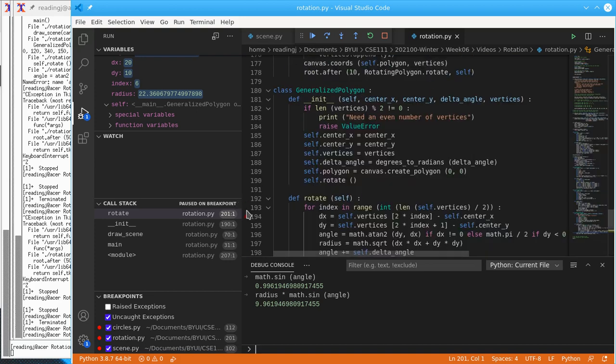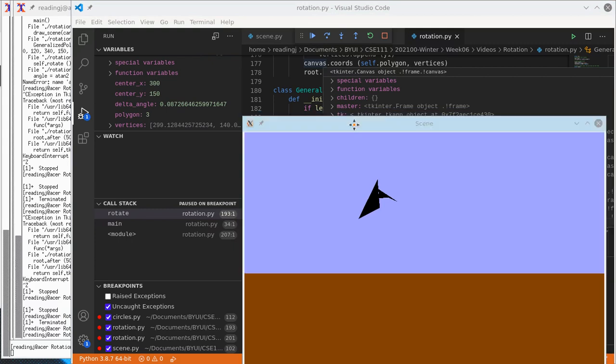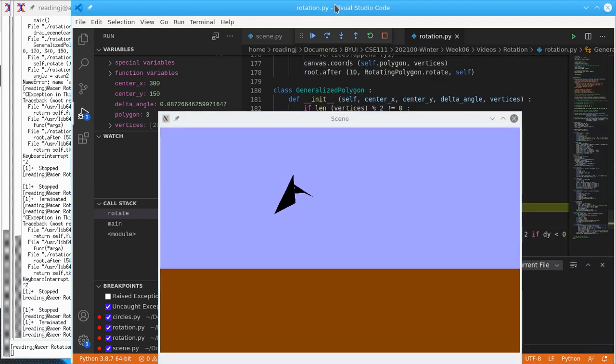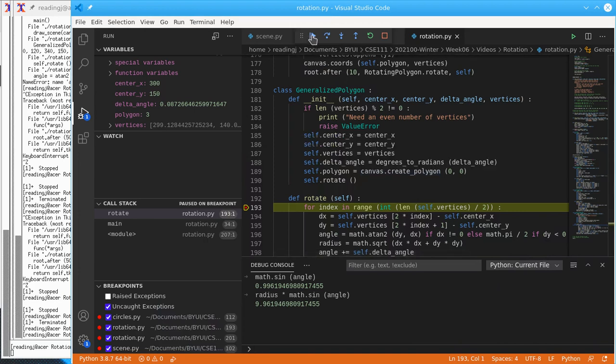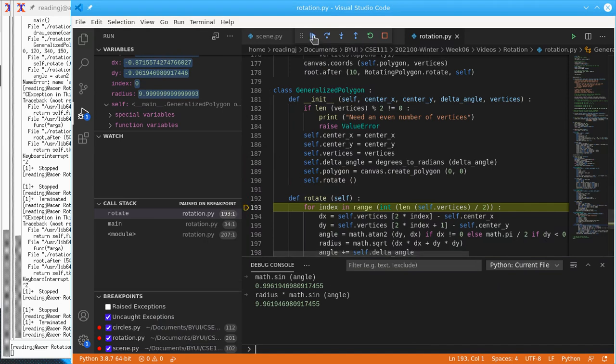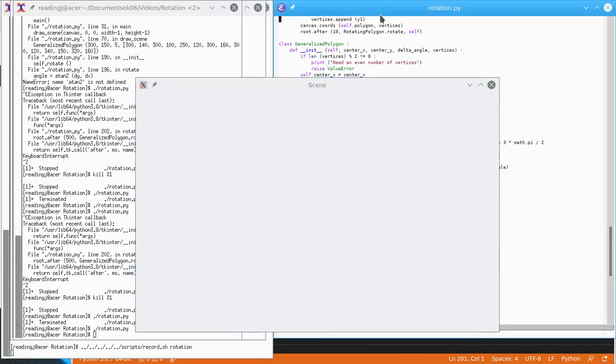So let's stop here, and now if I continue I should get a picture. The picture looks like that. Oops, that's right, I need to clear that. Let it run, and that didn't regenerate because of the breakpoint.